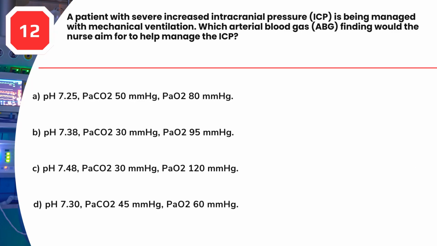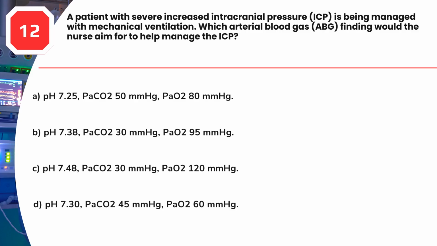Question 12. A patient with severe increased intracranial pressure, ICP, is being managed with mechanical ventilation. Which arterial blood gas, ABG, finding would the nurse aim for to help manage the ICP? A. pH 7.25, PaCO2 50 mm of mercury, PaO2 80 mm of mercury.